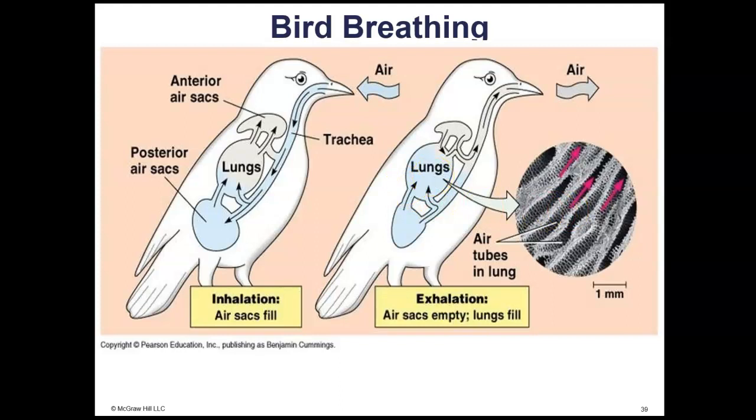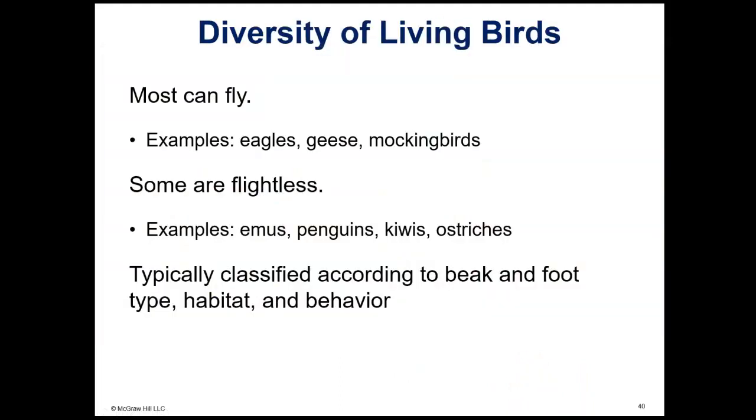When we exhale, the oxygen's already been exchanged with the capillaries in our lungs, and then we exhale, that's different. But this is a more efficient way, and it helps birds as far as they need to get enough oxygen to be able to fly.